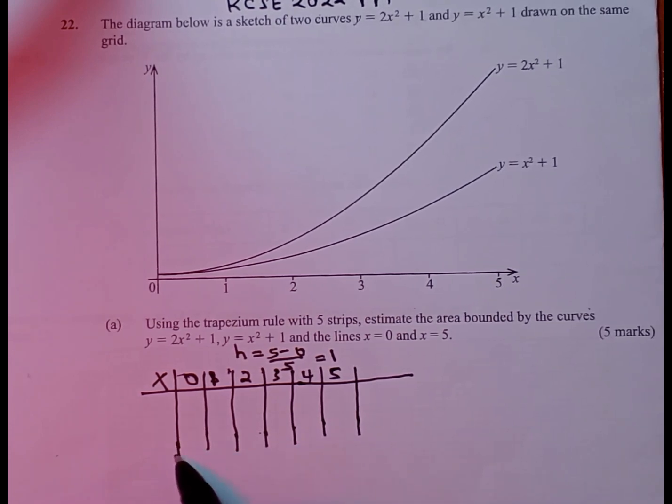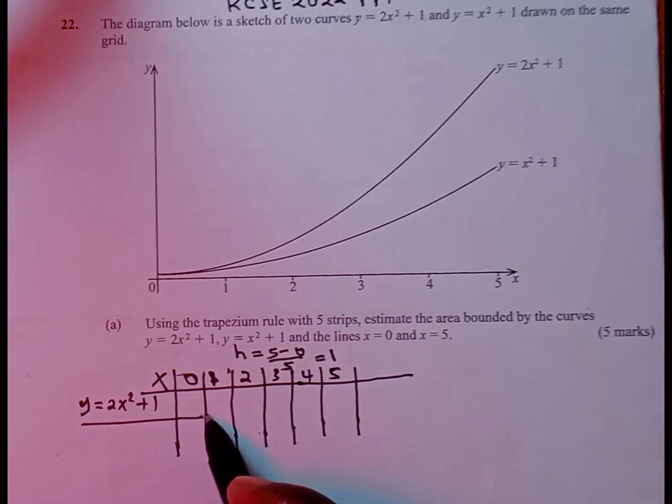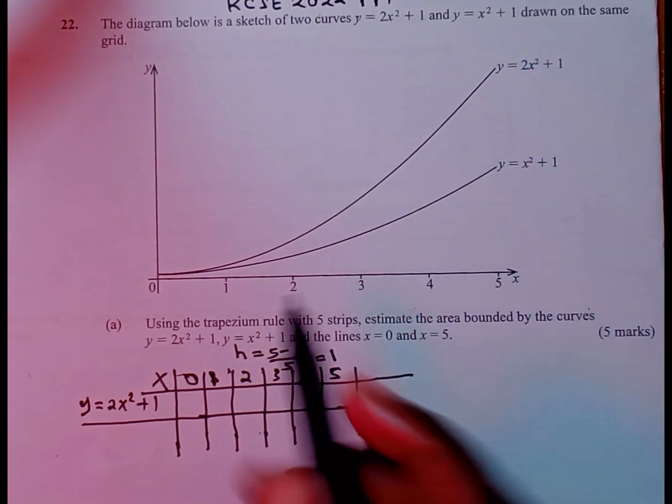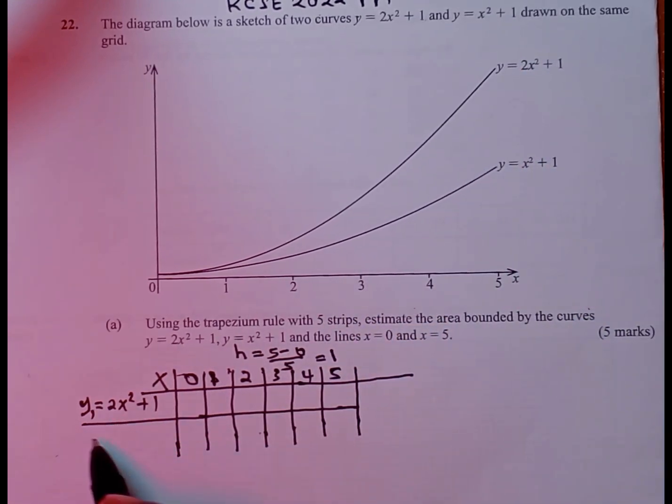From there we have the first curve, y is equal to twice x squared plus 1. Since that is our first curve, we can call it y1.